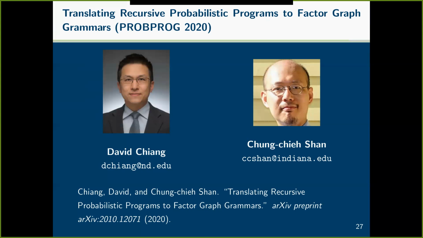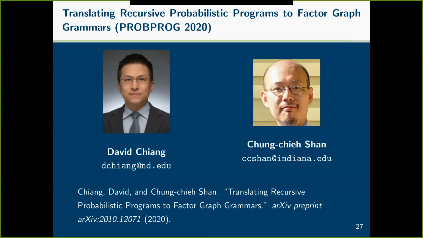So if you looked at factor graph grammars and thought, that's cool, but I'm not accustomed to writing graph grammar rules, so it might take me a while to write one of these things, well, this is what you might be interested in, because now you can specify factor graph grammars in a much more natural, programming-language-like syntax.